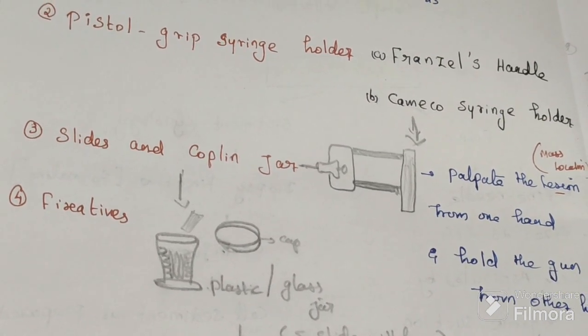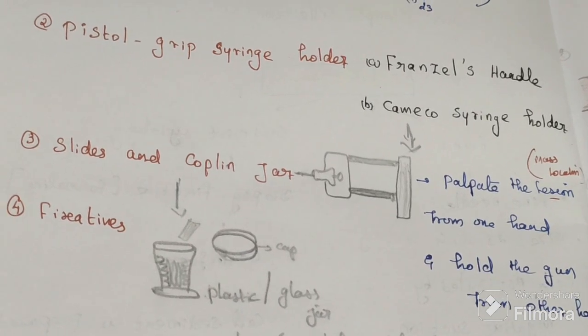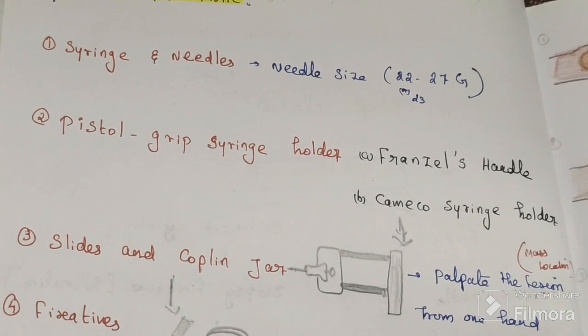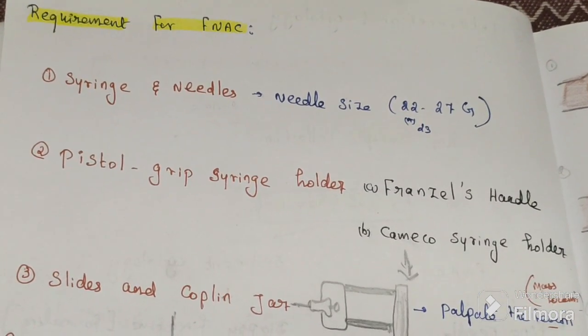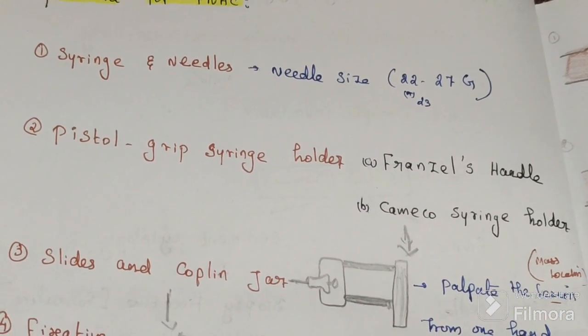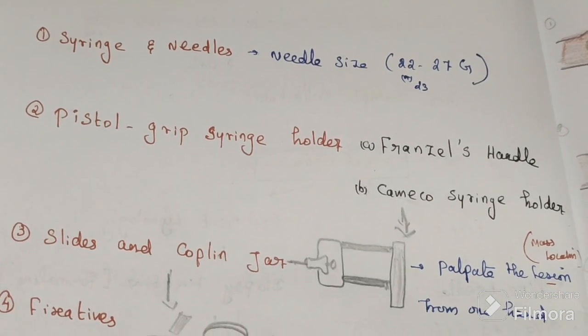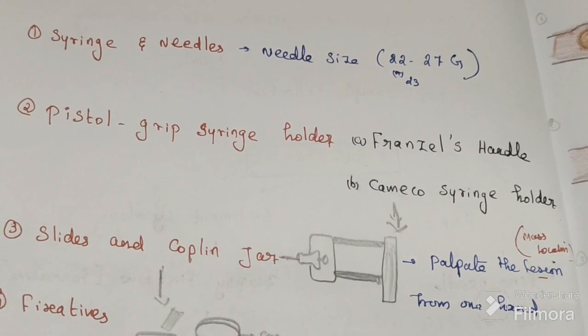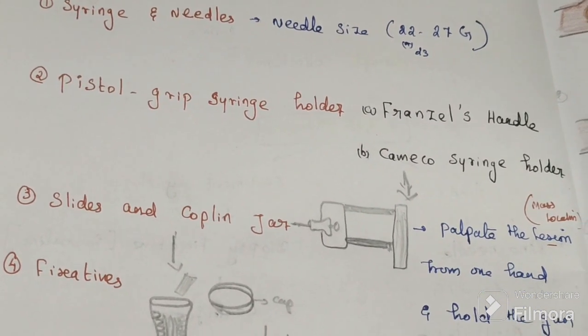Fixative fixes that cytological specimen. So these four things are the basic requirements for cytological study: syringe and needle, then pistol grip syringe holder, then slide and coplin jar. Fourth one is fixative.